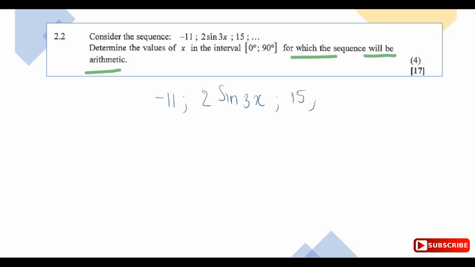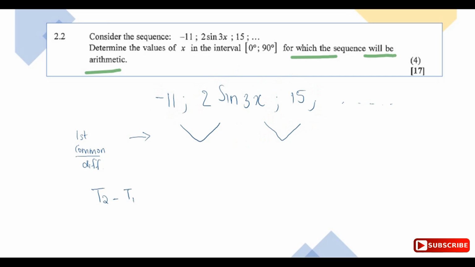Right? We know that when we're working with an arithmetic sequence, we've got a first common difference, right? And to get that first common difference, we get it by taking your t2 minus your t1. And by common, what do I mean? When you take t2 minus your t1, the value that you get should be equal to the value that you get when you take your t3 minus your t2, right?